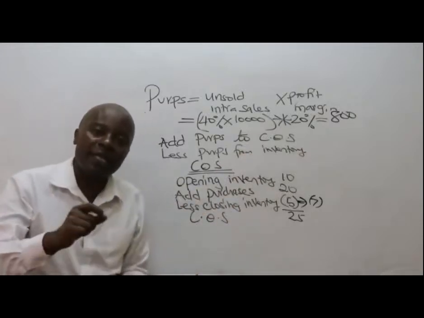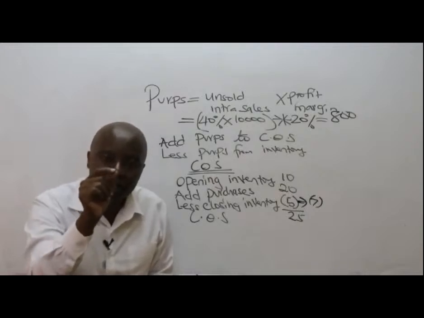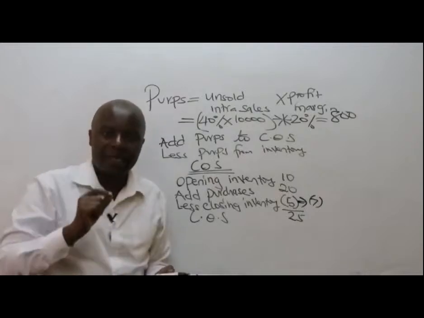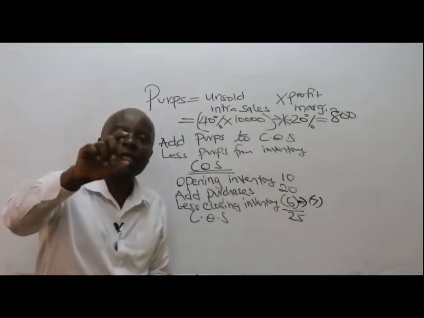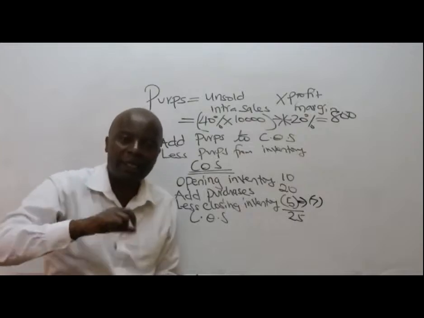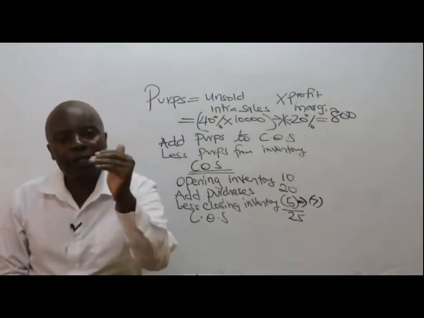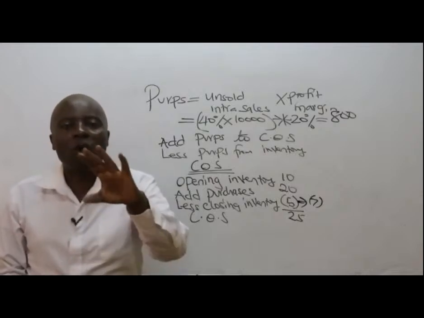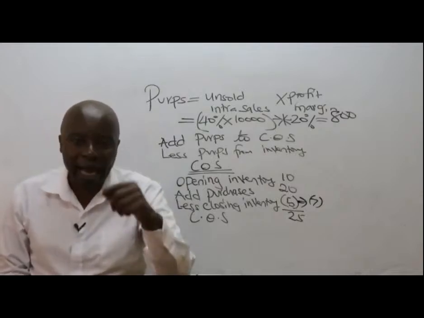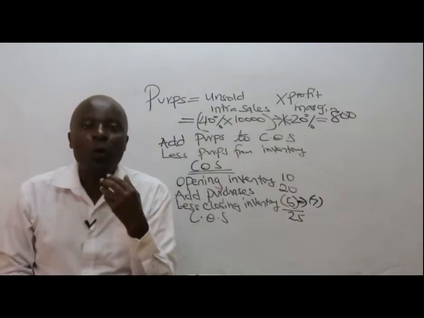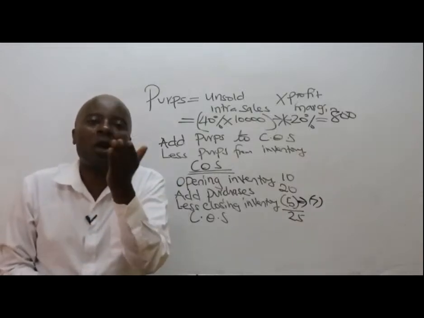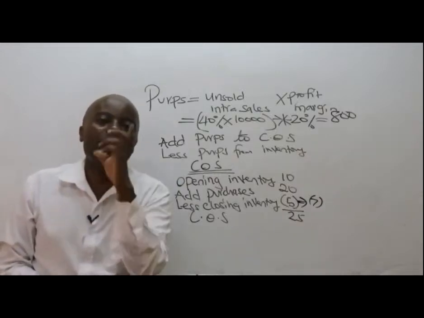I'm repeating this: when you overstate your closing inventory, your cost of sales will be understated. Remember, we have overstated our closing inventory with the PAPs.